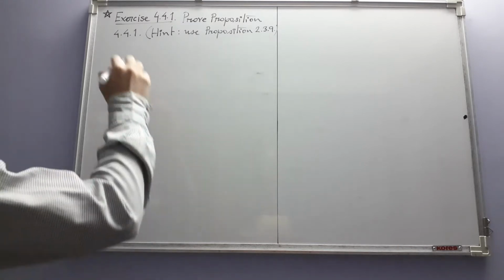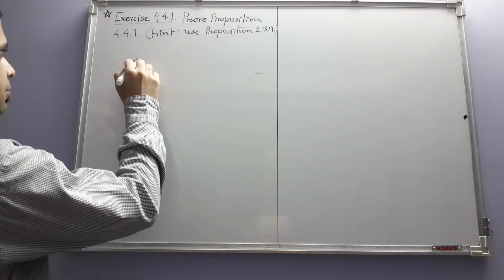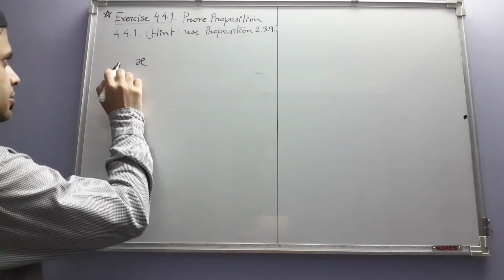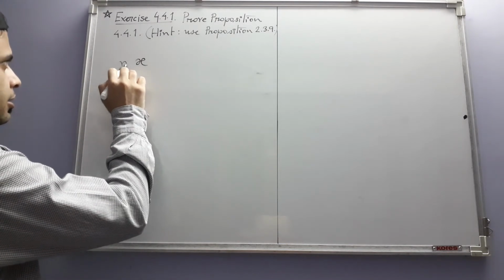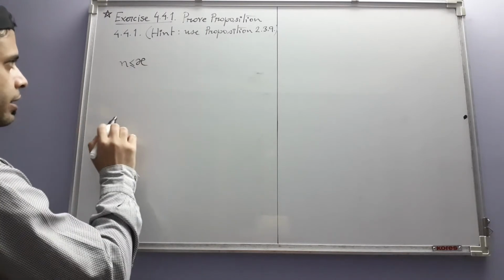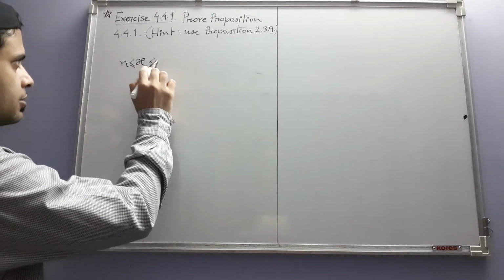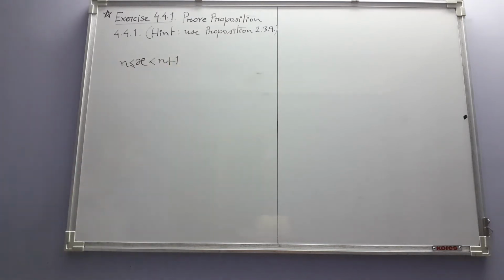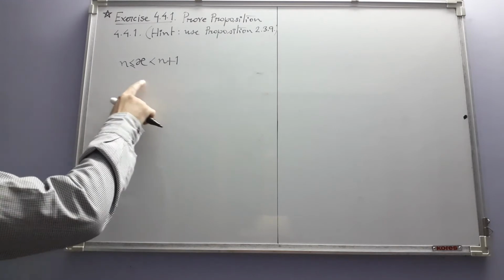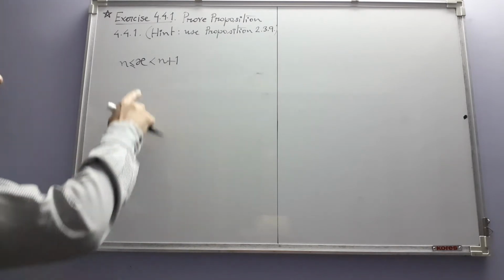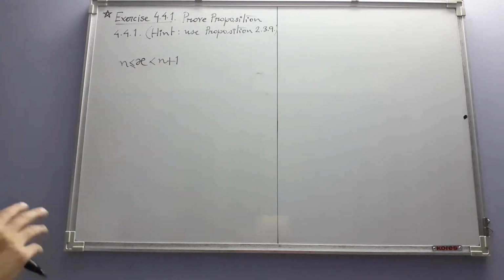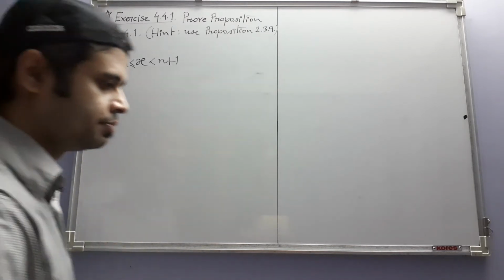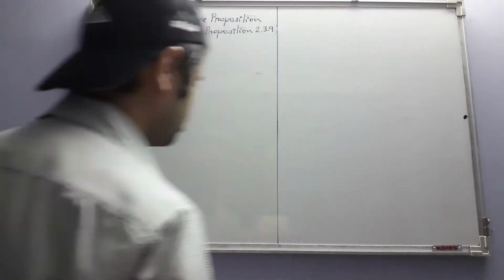Just to recall the statement, if we are given a rational number x, then the proposition states that there exists a unique integer n such that n is less than or equal to x and x is strictly less than n plus 1. This integer n is called the integer part of the rational number x. Now we are going to prove the existence and uniqueness of n. So there will be two parts to this solution.